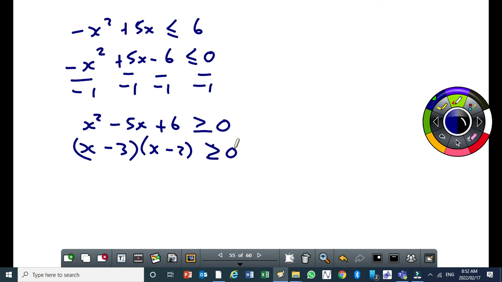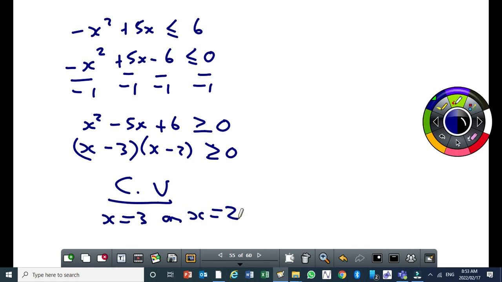So our critical values, from now on I'll just write CV as an acronym, CV stands for critical values. So the critical values will be x equal to 3 and x equal to 2.